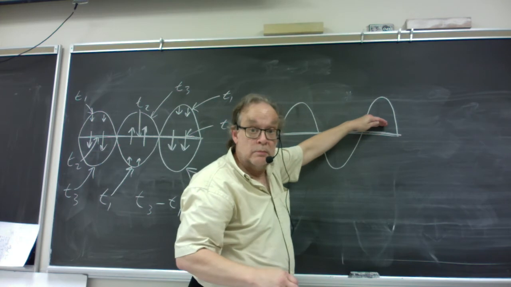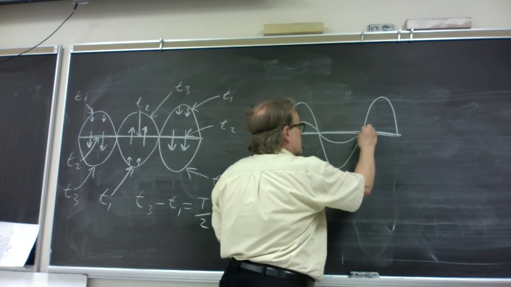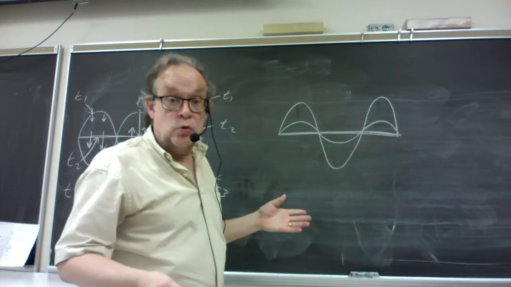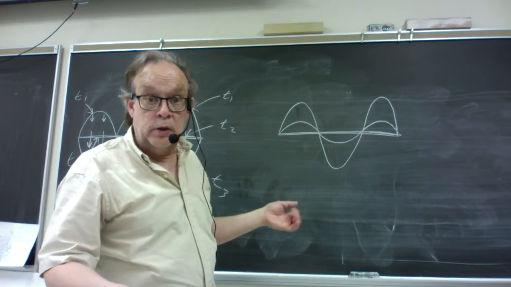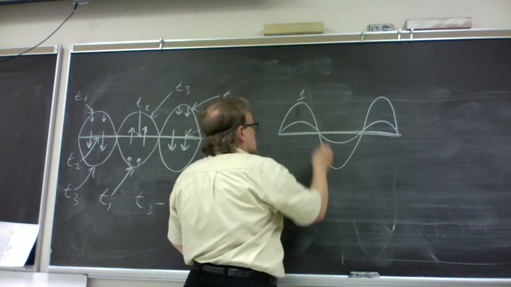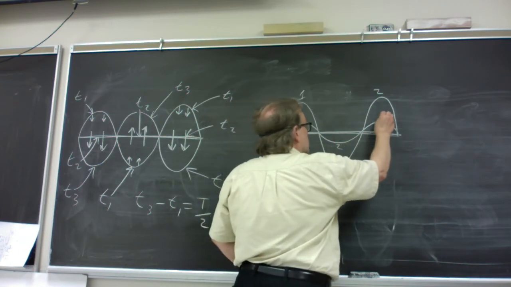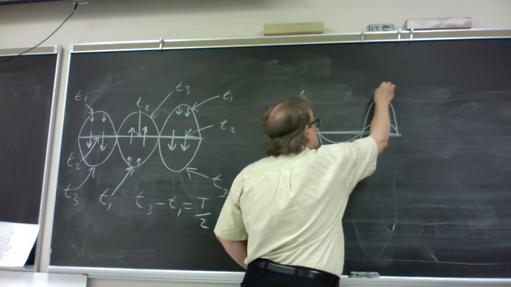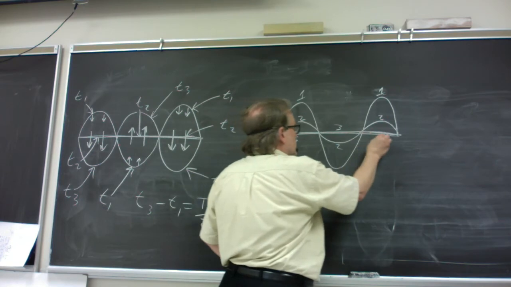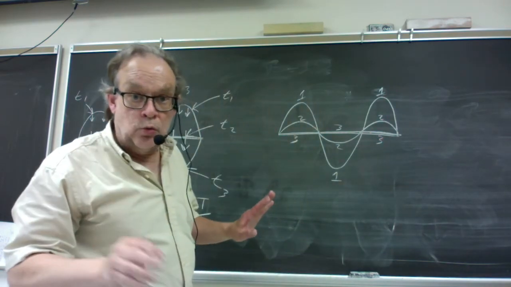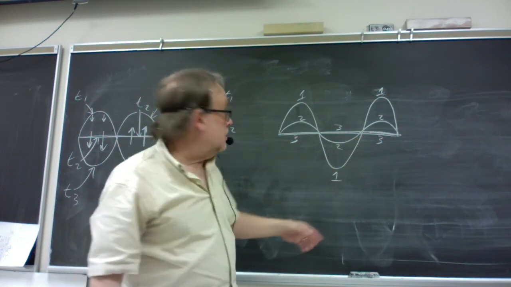All these points have been moving back towards equilibrium, so the shape would look like that. Everything moving back towards equilibrium and getting up to a higher speed the closer it got to equilibrium. So this is the way things look at first, and then here's the way they look at a second time a little bit later, and here's the way they look at a third time when we're actually at equilibrium. But when they're at equilibrium, they have velocity, so they don't stay at equilibrium.